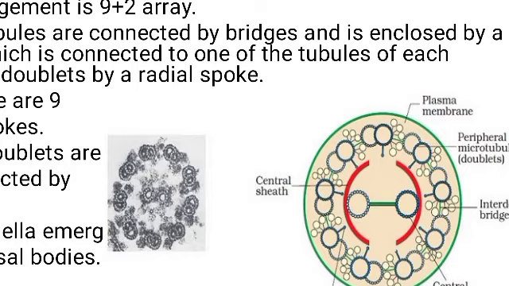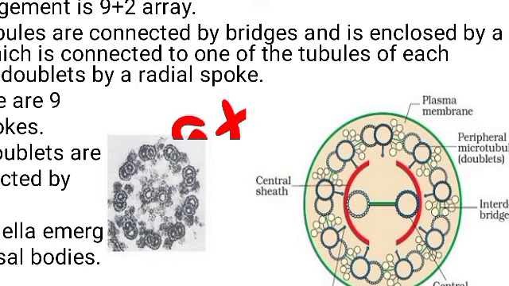Okay, and in addition to these 9 pairs of radially arranged microtubules, in the center we can see two centrally located microtubules. A pair of centrally located microtubules are also present. So this type of arrangement we call a 9 plus 2 arrangement.